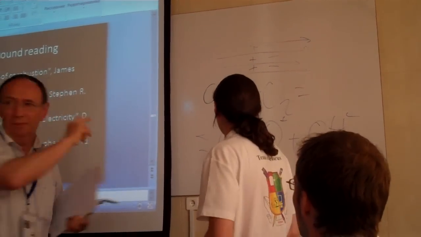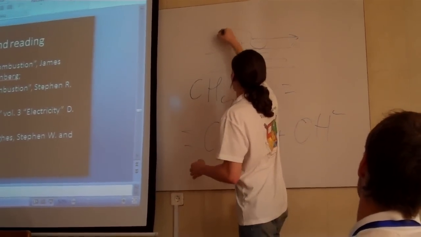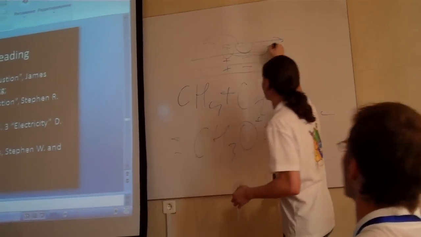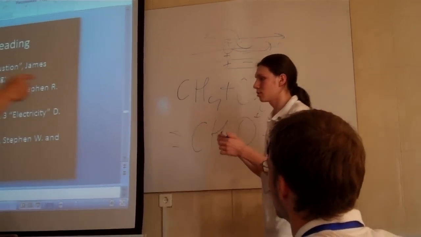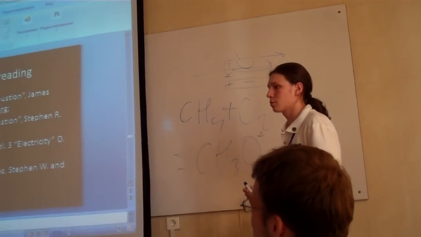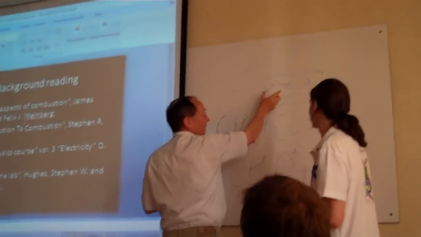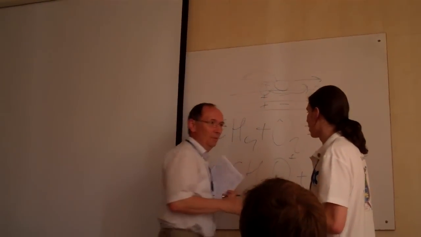Well, electrons go opposite, ions go the other way. But the overall field is on the opposite side. Why do they separate? Because there is a field inside here. Well, here they are contracted together. Why do the electrons go this way?